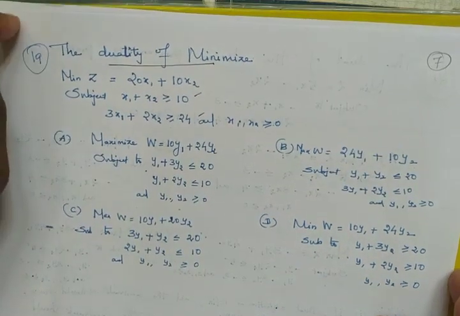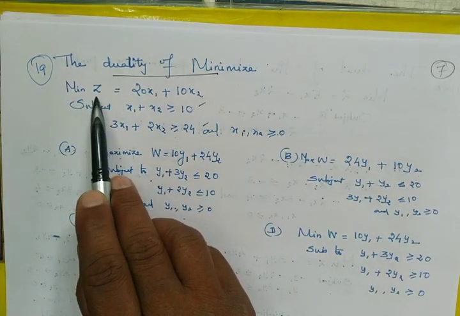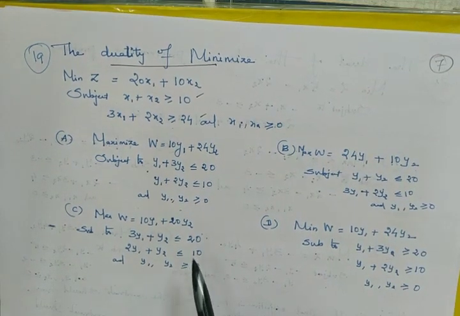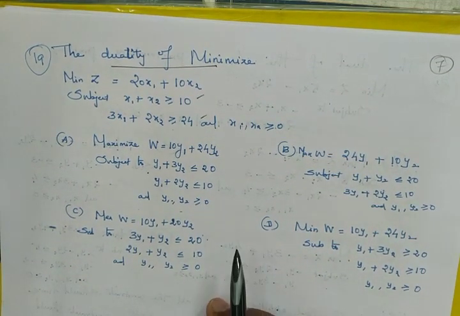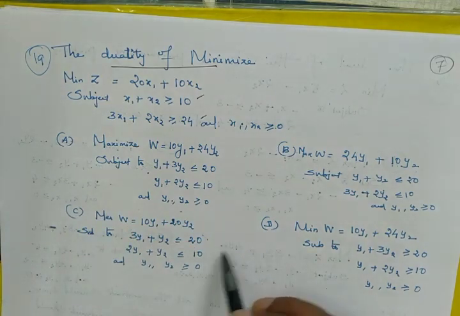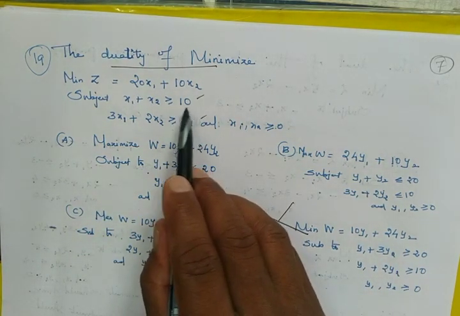Here the given problem is minimum of z, whose dual becomes maximum. First, analyze and check which options are not suitable. Minimum of z means the answer should be maximum, so this is not a right answer. Leave that. Now, how many constraints are involved?